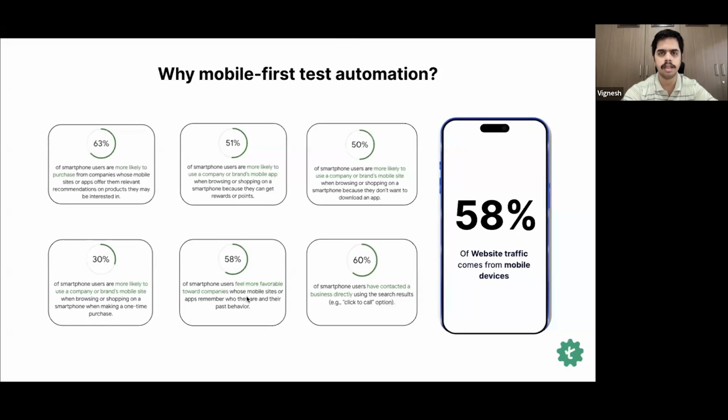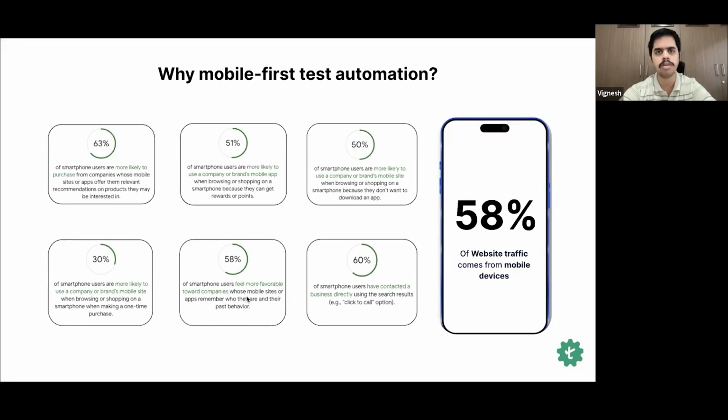Statistics suggest that as of September this year, more than 55% of the website traffic to an average web application comes from mobile devices. Even if you ignore the stats, among all of us who have joined this webinar today, how many of us have used the Amazon app or any other app for that sake to add a particular product to your cart in the mobile application, and we have later completed the transaction on our laptops?